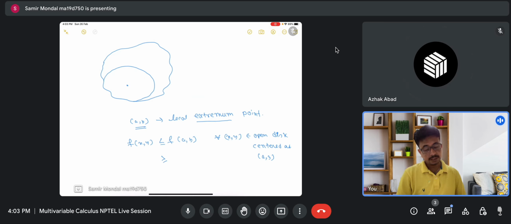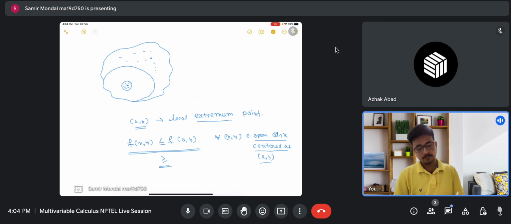So those points we can compare like that in some open disc at center point (a, b). Here we are getting one open disc, so for all those points the functional value satisfies either less than or equal to, or greater than or equal to, for all points of a neighborhood of (a, b).